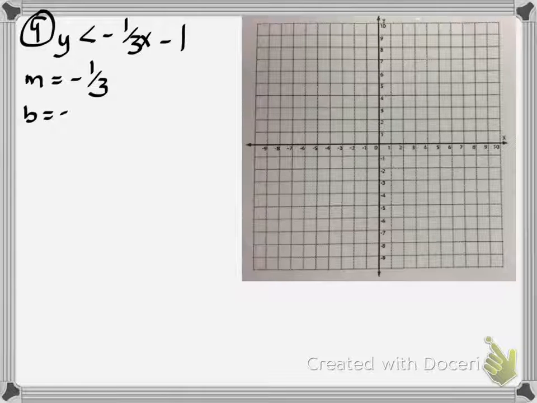My b is a negative 1. And so I start with my b, and is that on the x-axis or y-axis? The y. So I put a dot at negative 1 on y.